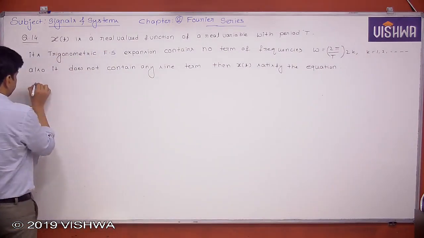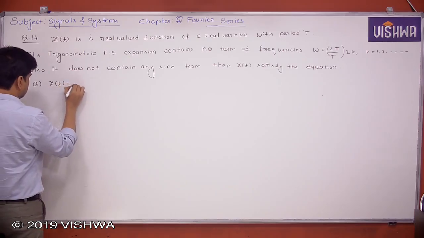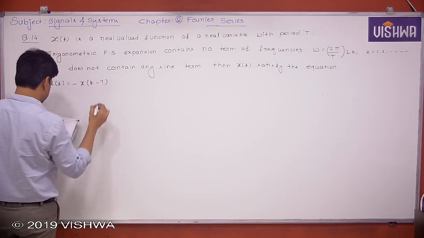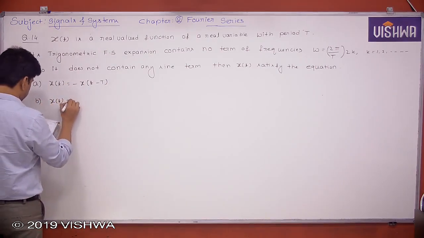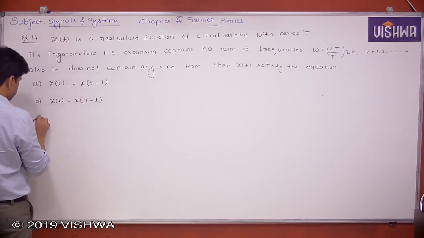Option A. X of t is equal to minus x of t minus capital T. Option B. X of t is equal to x of capital T minus t.